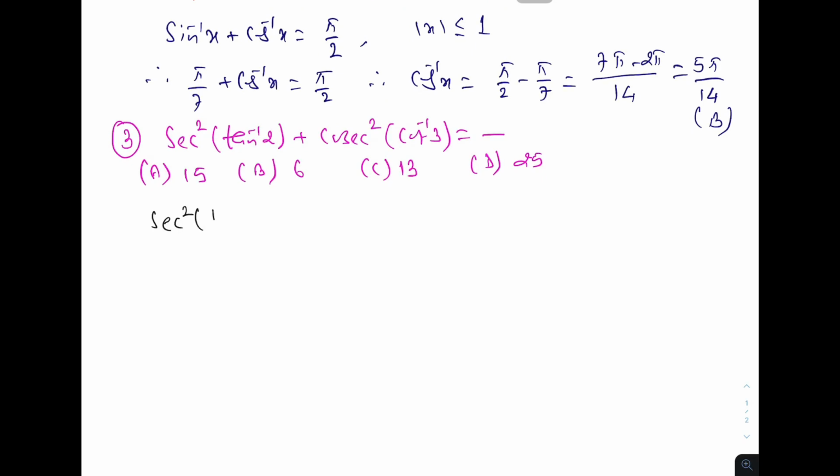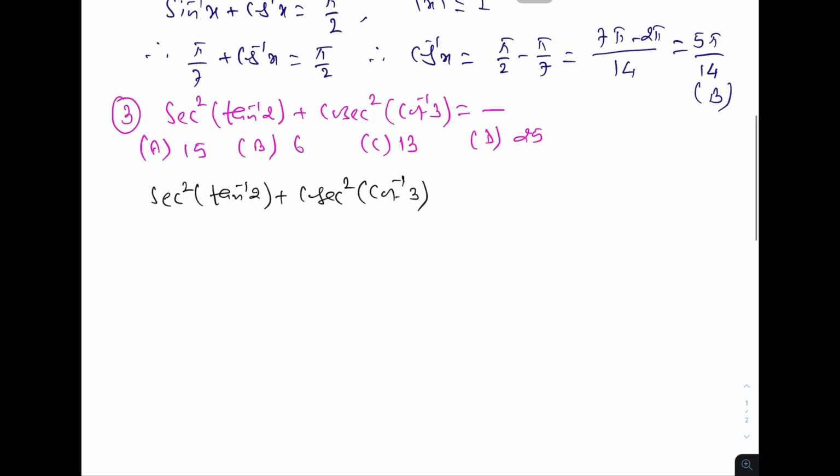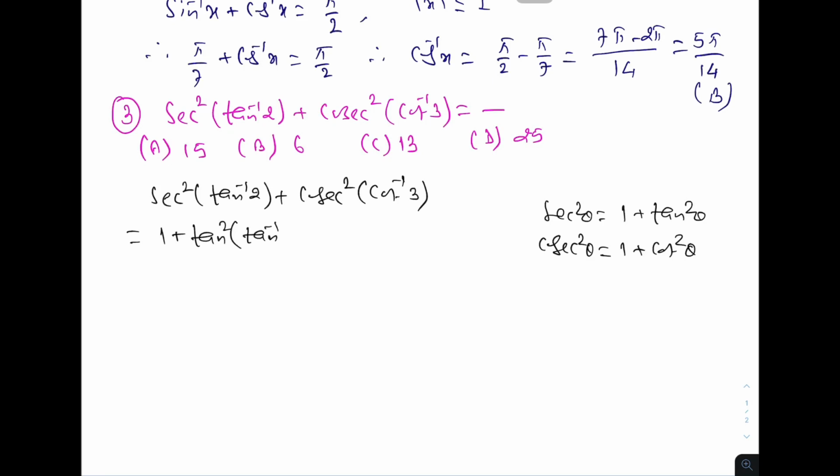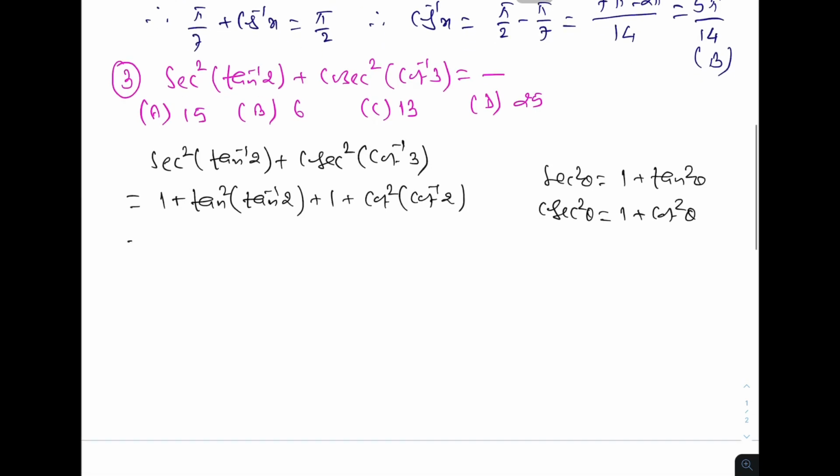See, sec square tan inverse 2 plus cosec square cot inverse 3. We can write sec square theta as 1 plus tan square theta and cosec square theta as 1 plus cot square theta. So this is 1 plus tan square of tan inverse 2 plus 1 plus cot square of cot inverse 3.